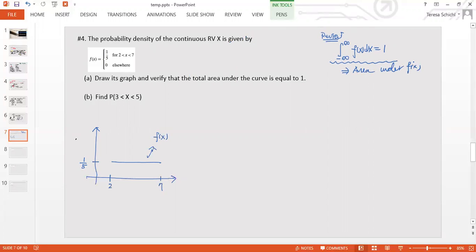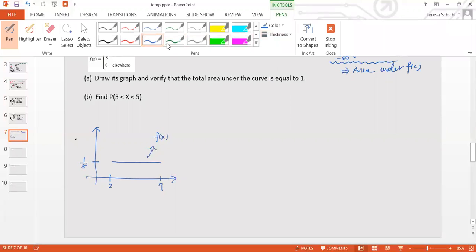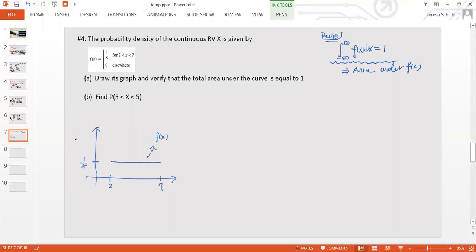That's what we did in calculus. We said the definite integral is equal to the area under the curve. So now I'm going to find the area under the curve.